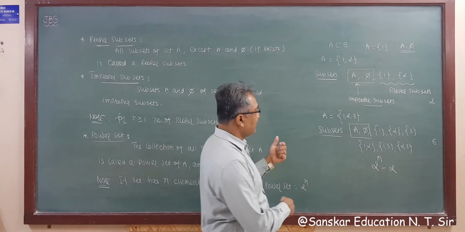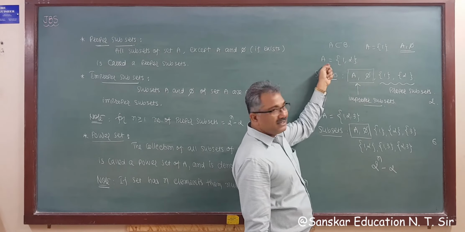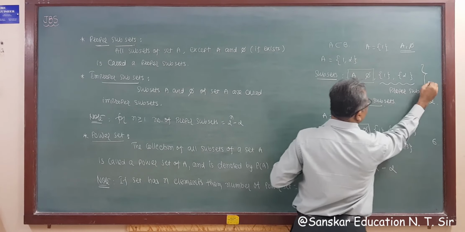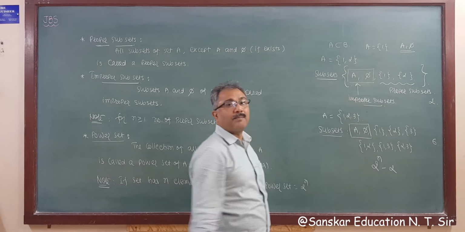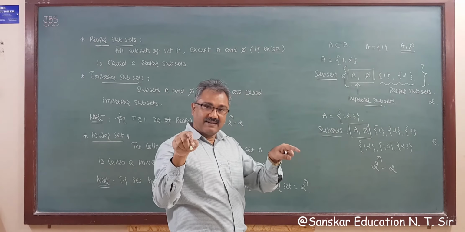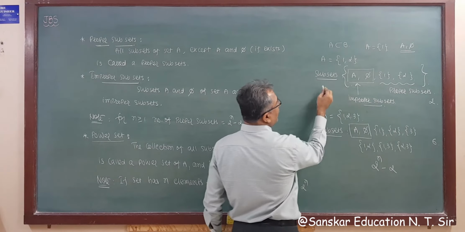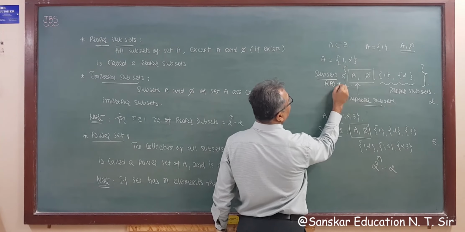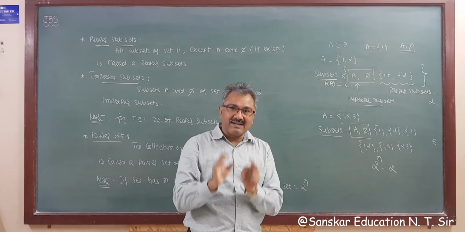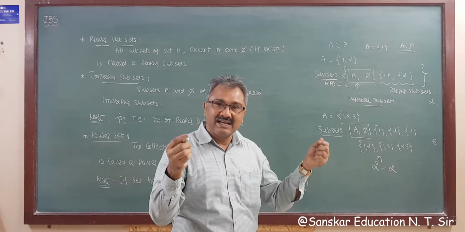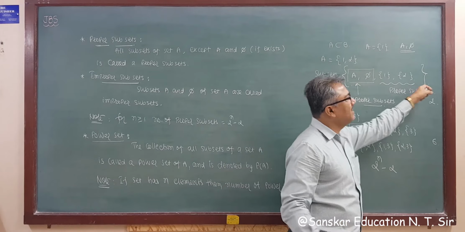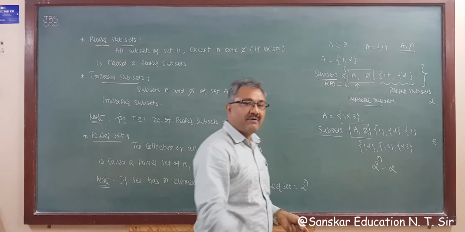Now suppose set A has these subsets. Then the set of all these subsets, the collection of all subsets, is called the power set, and is denoted by P(A), right? So for writing a power set, you have to write all subsets and put them in a set bracket, so it's called a power set, right?